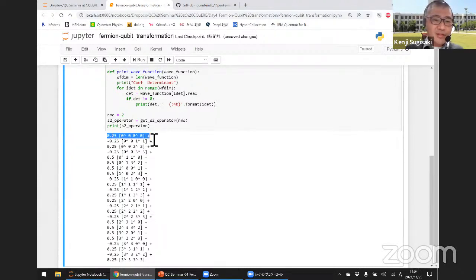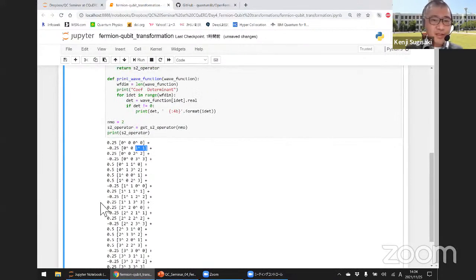So this term corresponds to 0.25 times A0 dagger A0 minus 0.25 A0 dagger A0 A1 dagger A1 and so on. And this is the S-square operator in the second quantized form.